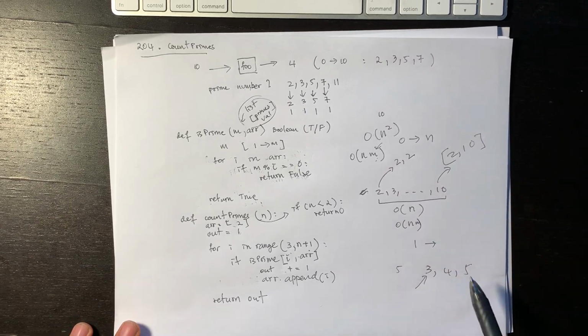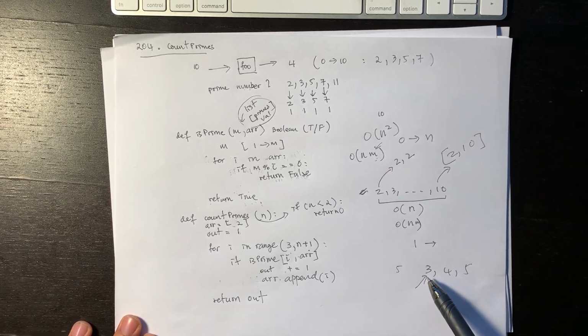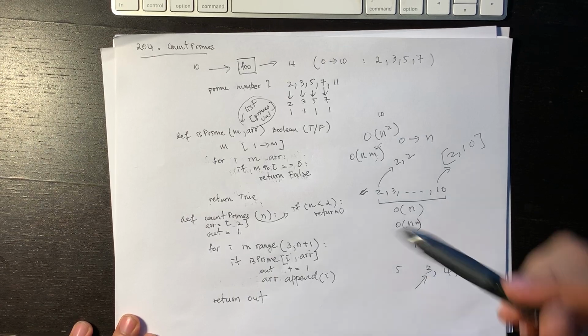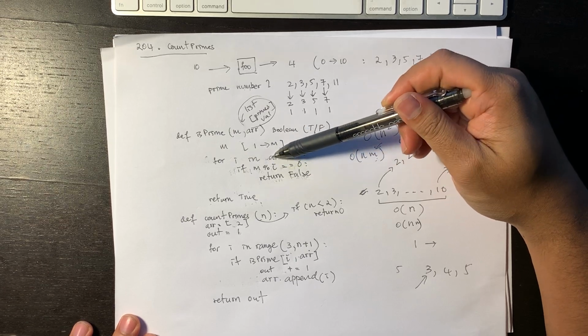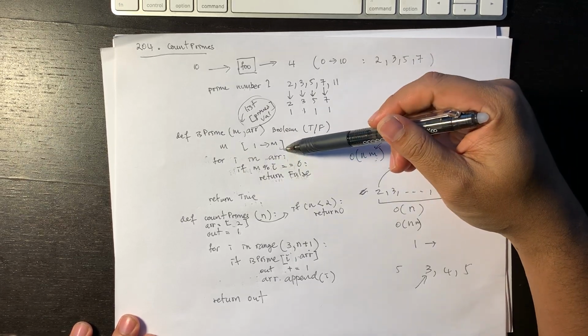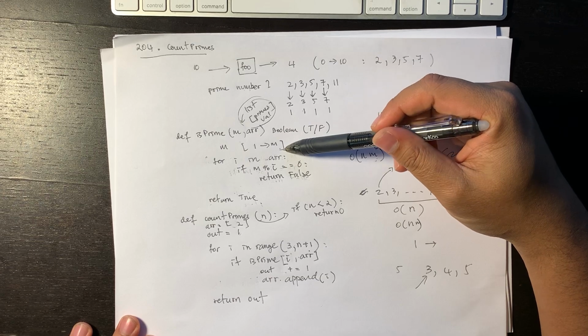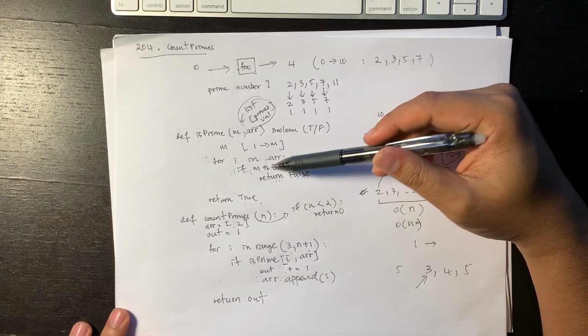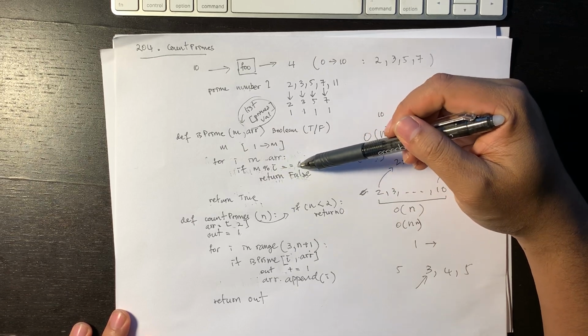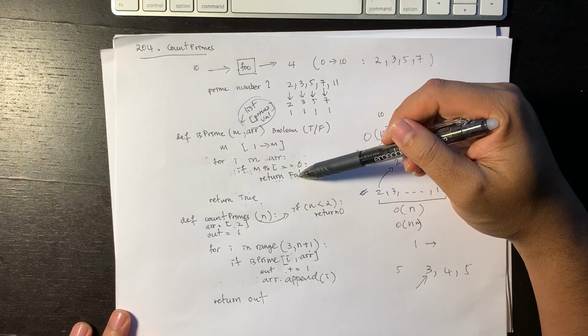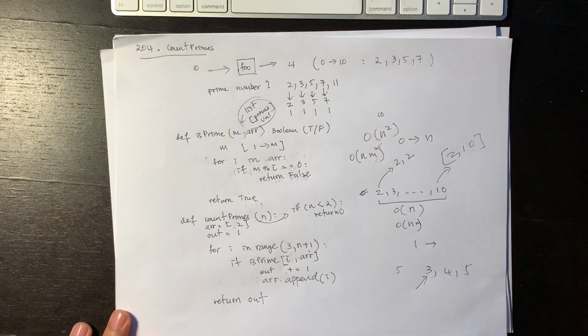In the case that m is equal to 3, we go through this array, which contains 2 right now. 3 mod 2 is 1, so this is not true, and then we return true.